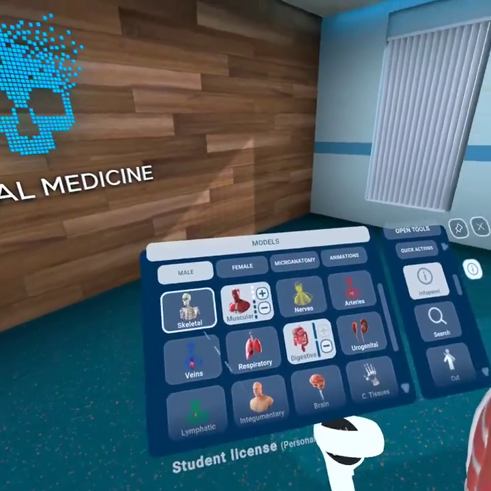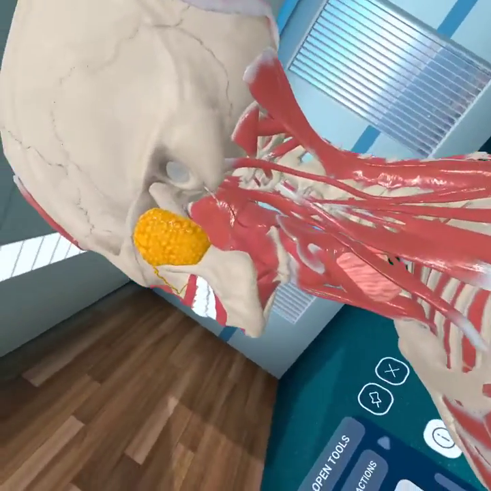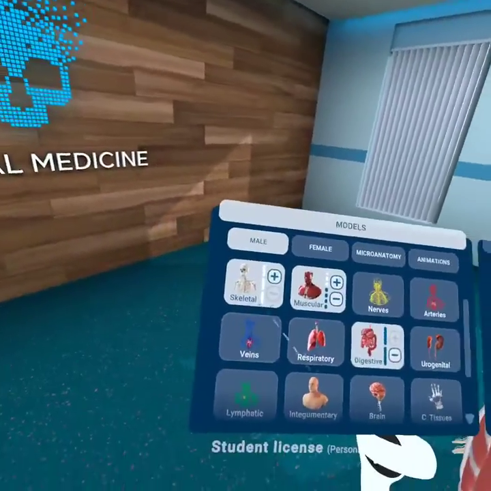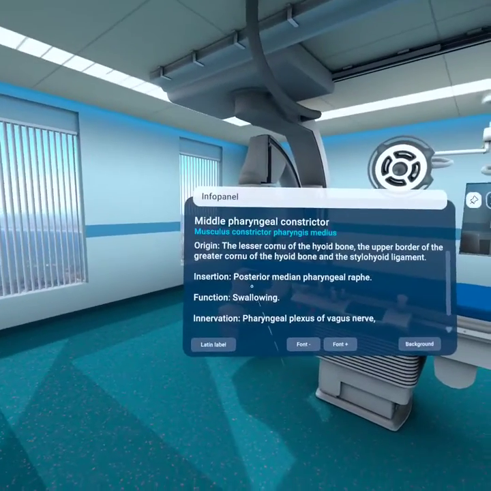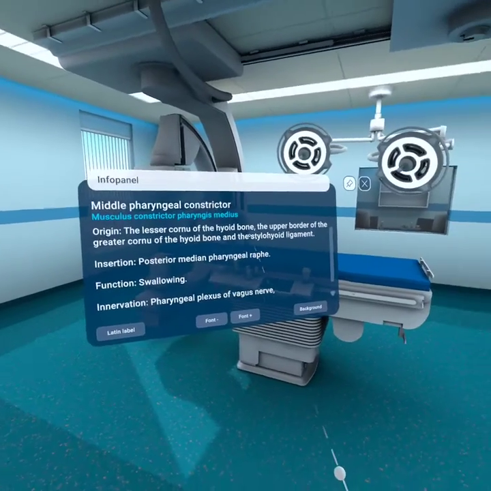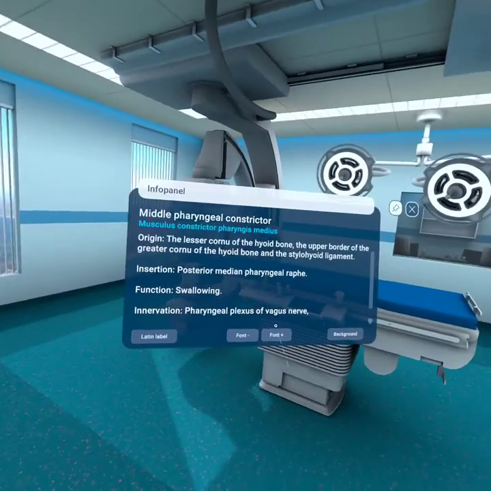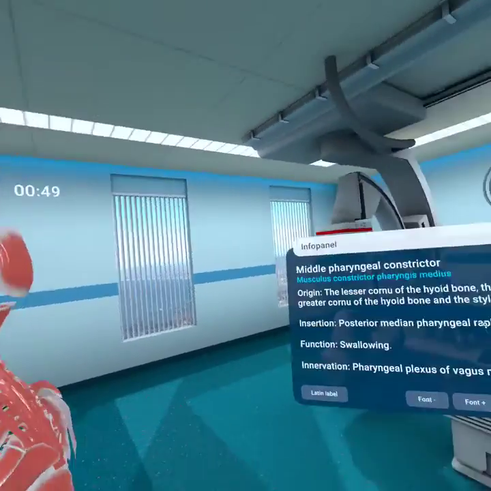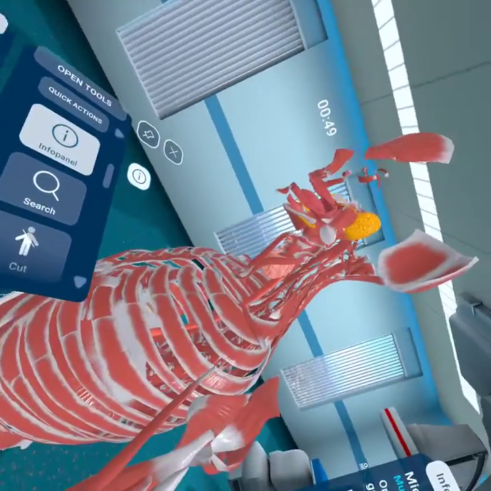I don't know if I can find it, but maybe another time. Let's save time. It's posterior of the hyoid bone and the stylohyoid ligament. So if I remember from the oral cavity lecture where the stylohyoid ligament is, we have the hyoid bone.